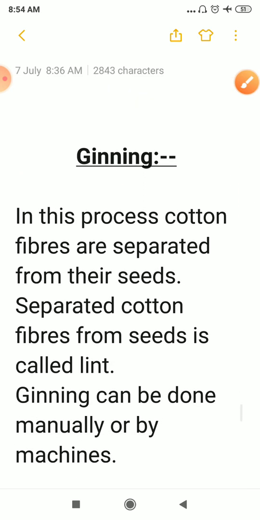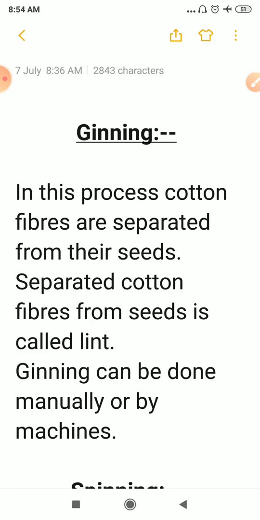What is ginning? The first process is ginning. When we obtain cotton fibers from the cotton plant, the cotton fibers contain seeds also. We cannot make yarn when the seeds are inside the cotton balls. In this process, the cotton fiber is separated from the seeds.